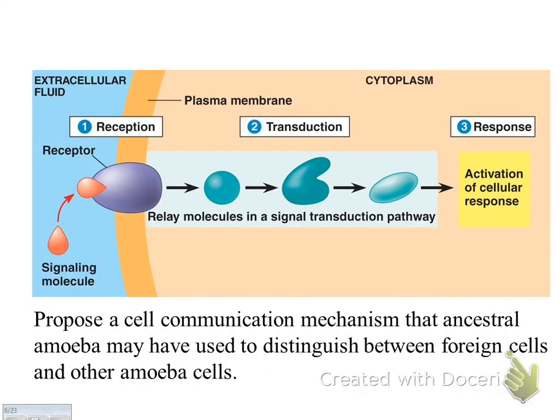The question is, how can they distinguish between foreign cells, like food, and themselves, amoeba cells? Like, how can they distinguish that's an amoeba? I'm not going to eat an amoeba because I'm an amoeba. Oh, and that is a piece of food or another cell, so I'm going to eat that one. How can they differentiate? Eli, say what you said again.